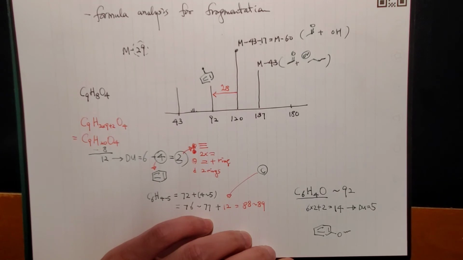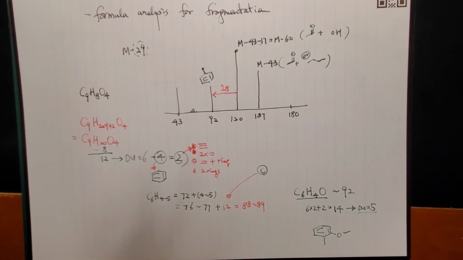So if you lose 1 more hydrogen on this somewhere, say you lost 1 there, then you lost 2 hydrogens. So here you have a 5 degree of unsaturation, and you lost 10 hydrogens. See, 14 minus 4, right? 10.